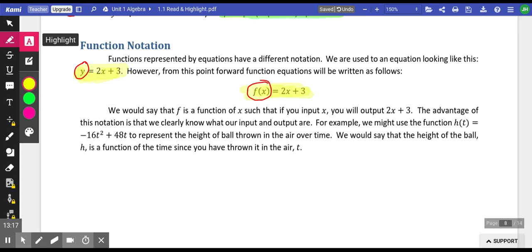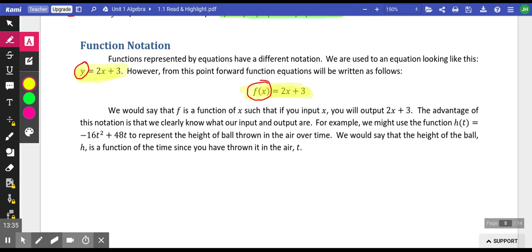We would say that f is a function of x, that if you input x, you will output 2x plus 3. The advantage of this notation is that we can clearly know what our input and our output are.